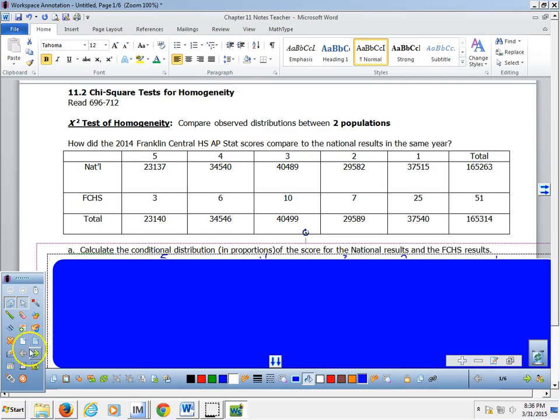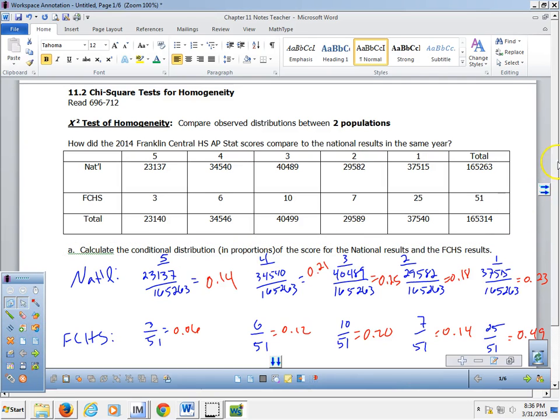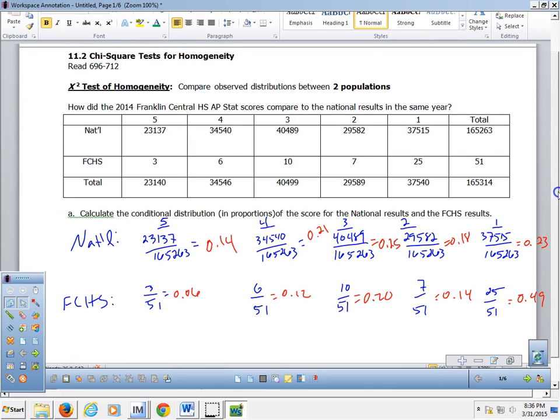Okay? So, I've done the hard work here for you, which is done that conditional distribution, and here's how they break down. You can see that 14% of the national scores were 5s, 21% were 4s, 25% were 3s, 18% were 2s, and 23% were 1s.